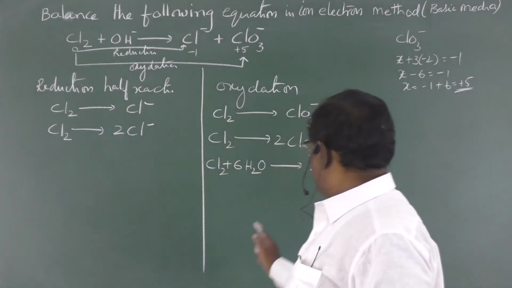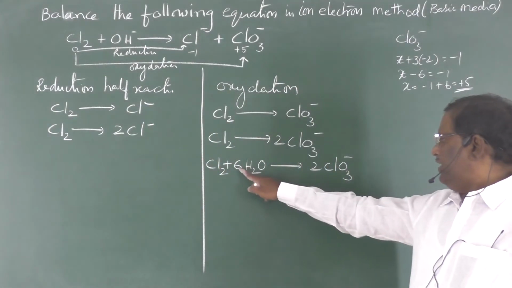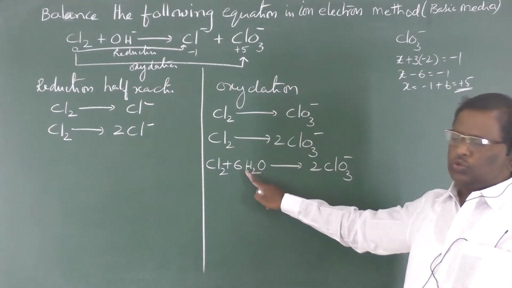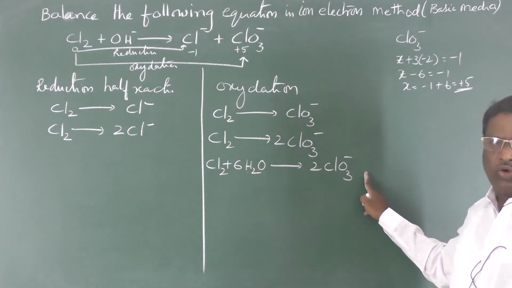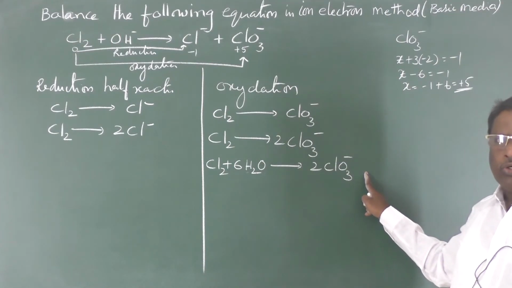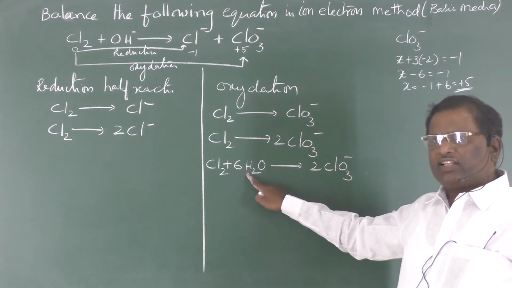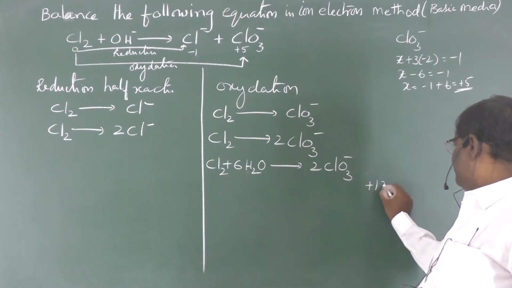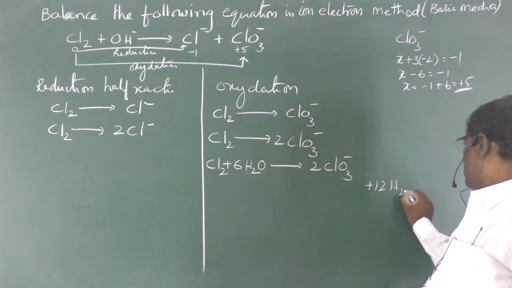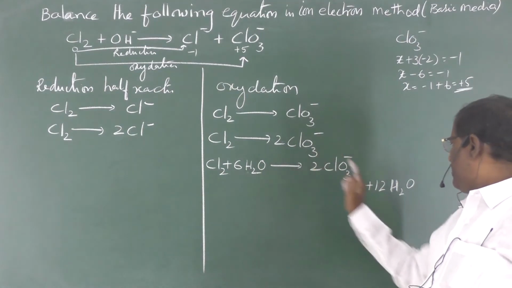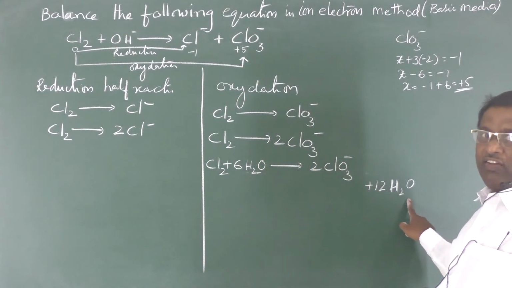So here, 6 H2O molecules are there. To balance hydrogen, this side there is no hydrogen. So 12 hydrogens are there, you have to add 12 H2O this side. So instead of 12 hydrogens, you are adding 12 H2O.